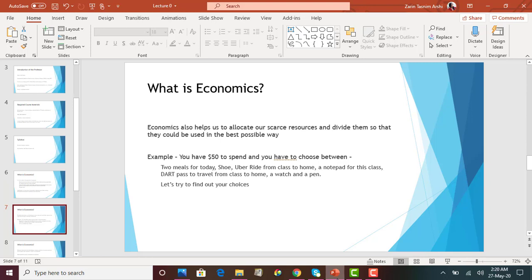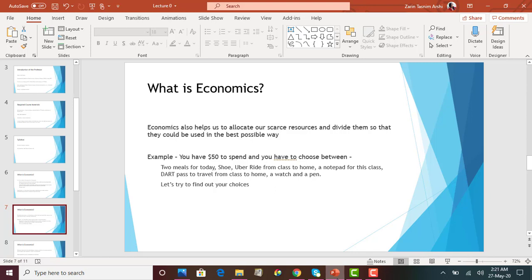Okay, so the study of economics will help us to distribute these resources in a very efficient manner, in a way so that we can make the best choices, okay? So let's say again we have $50 to spend and you have to choose between 2 meals per day, a shoe, an Uber ride, a notepad, a pass, or a watch. Maybe for me it is a watch, maybe for you it is a pen because you're starting the class.